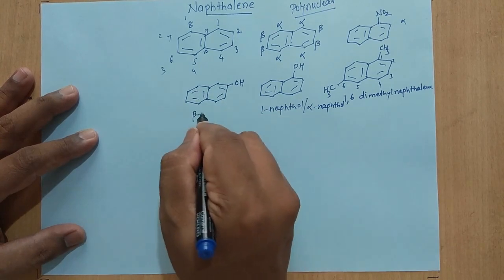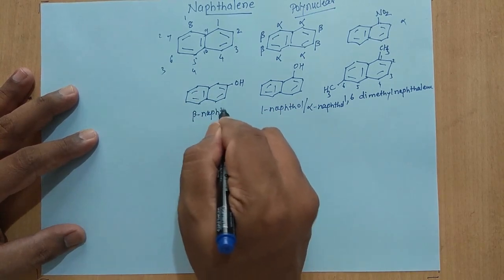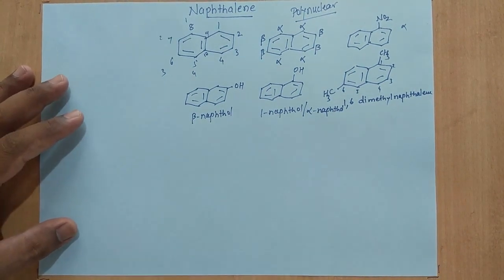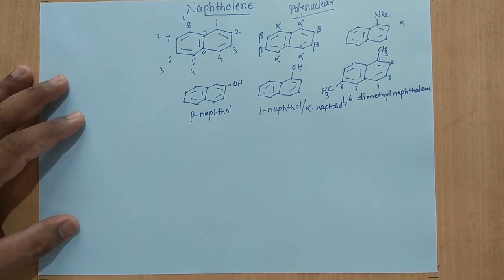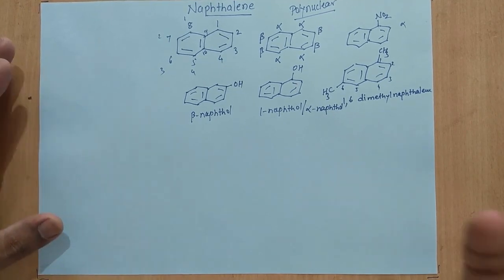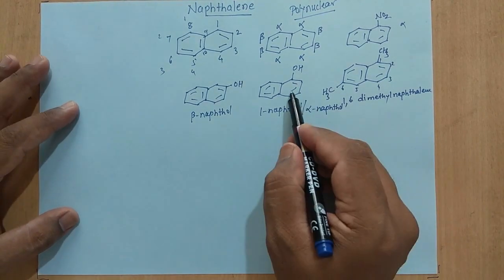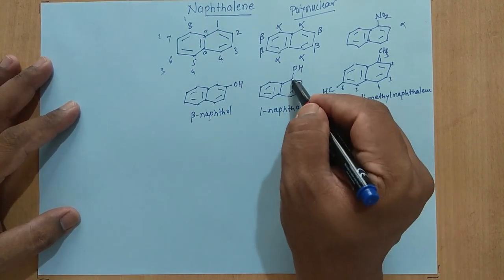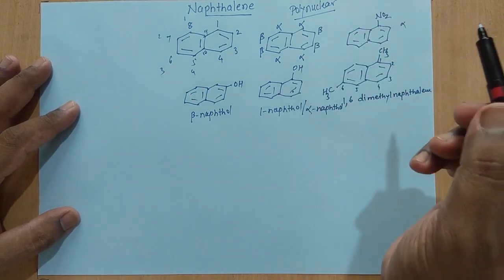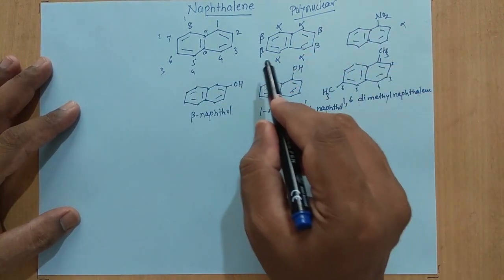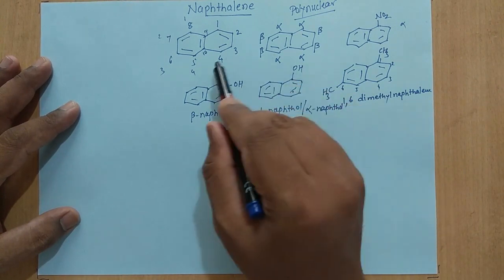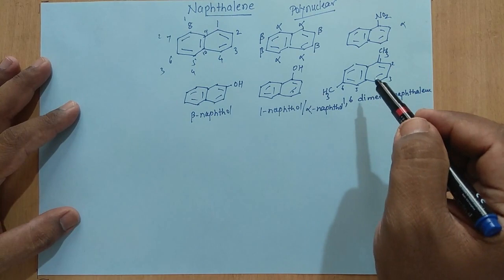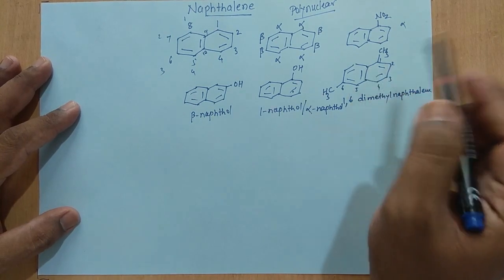We generally use these two chemicals for various qualitative analyses as well as various synthetic preparations. This is 1-naphthol, also called alpha naphthol, because the hydroxyl group is present at the alpha position. So this is how naphthalene is numbered, and this is how the IUPAC nomenclature or common names are assigned to naphthalene.